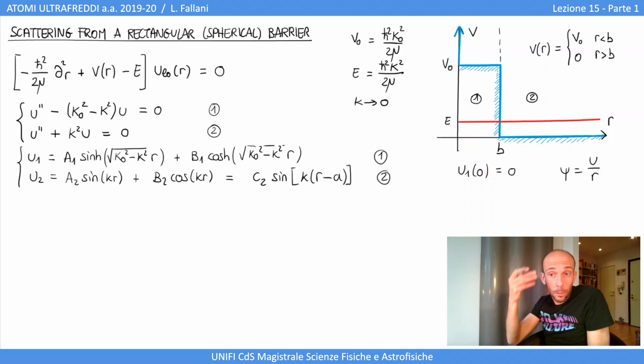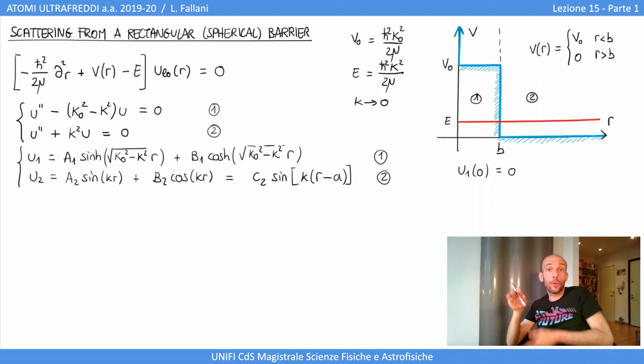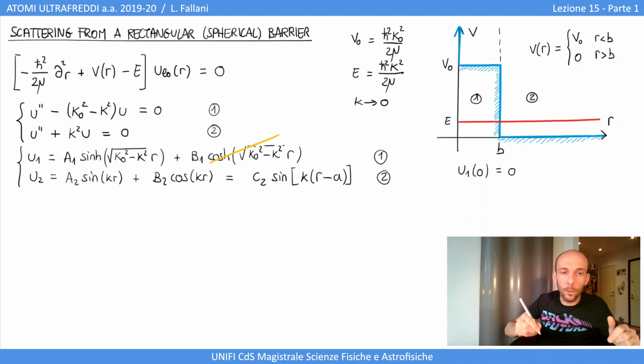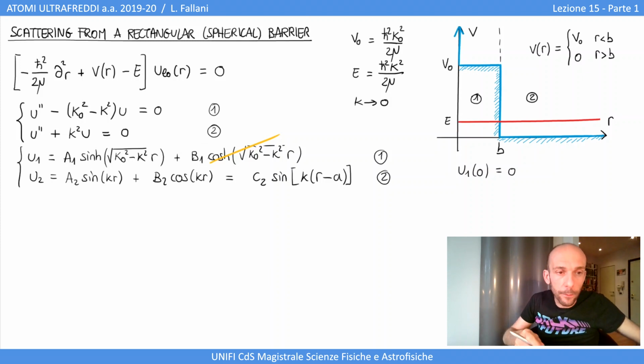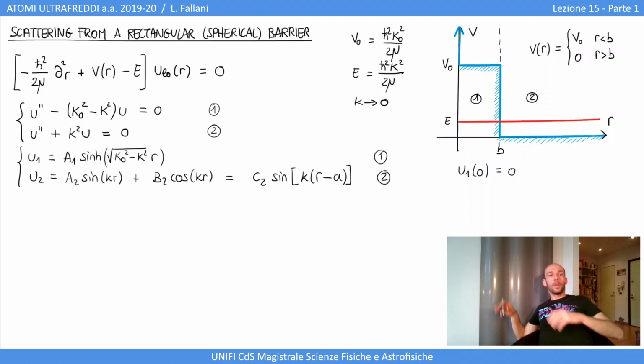And so because of this requirement, in this expression u1 we can only keep the first term, because the hyperbolic cosine is different from 0 in the origin, while the hyperbolic sine is 0, and so we are just left with A1 hyperbolic sine of square root k0 square minus k square times r.